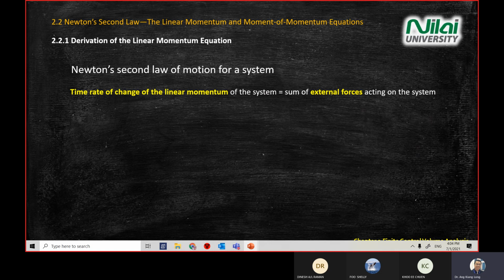So we need to define what Newton's second law of motion is. The time rate of change of linear momentum is the sum of external force acting on the system. If you put it as a mathematical model, I think it is easier for us to memorize the relationship in Newton's second law.